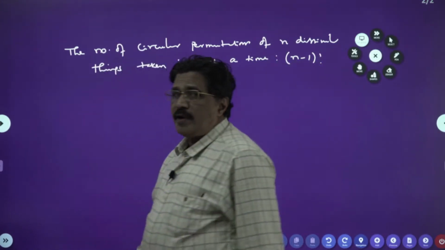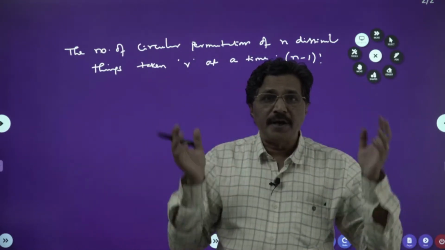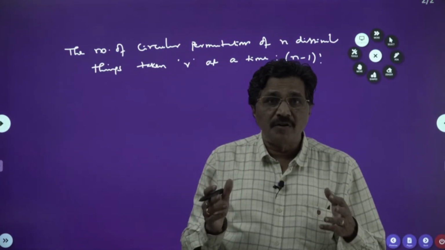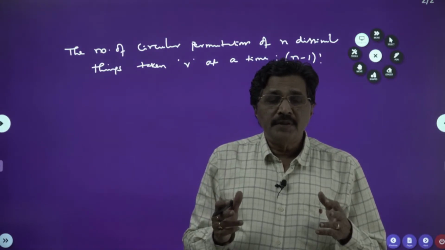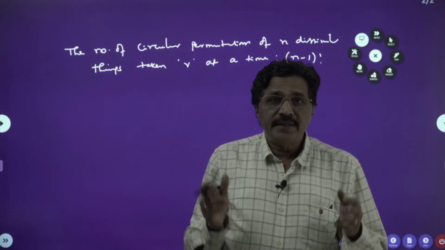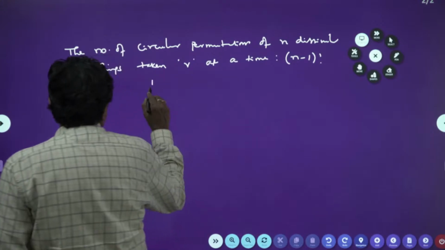When the clockwise and anti-clockwise directions are not considered distinct, suppose we are not worried about the clockwise and anti-clockwise directions, that can happen in the case of flowers or colored beads which are strung to a string to form a garland. In that case, the clockwise and anti-clockwise directions will not be considered distinct. In that case, the number of circular permutations will be half into n minus 1 factorial.